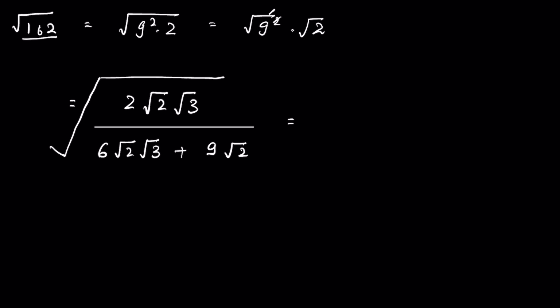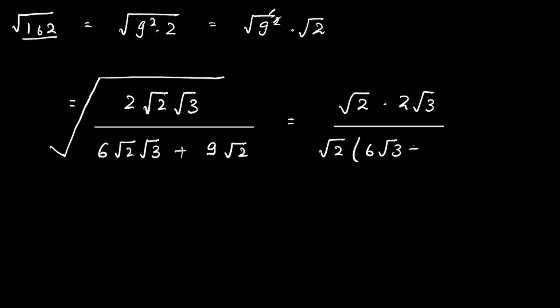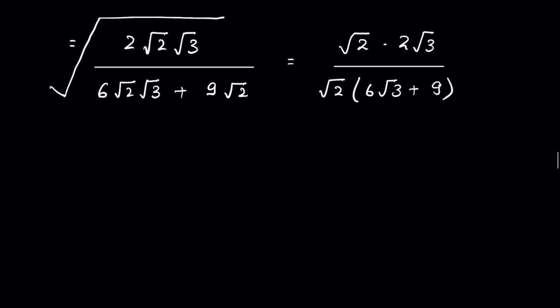We can take square root of 2 common: square root of 2 times 2 times square root of 3 upon square root of 2 times 6 times square root of 3 plus 9, all under square root.